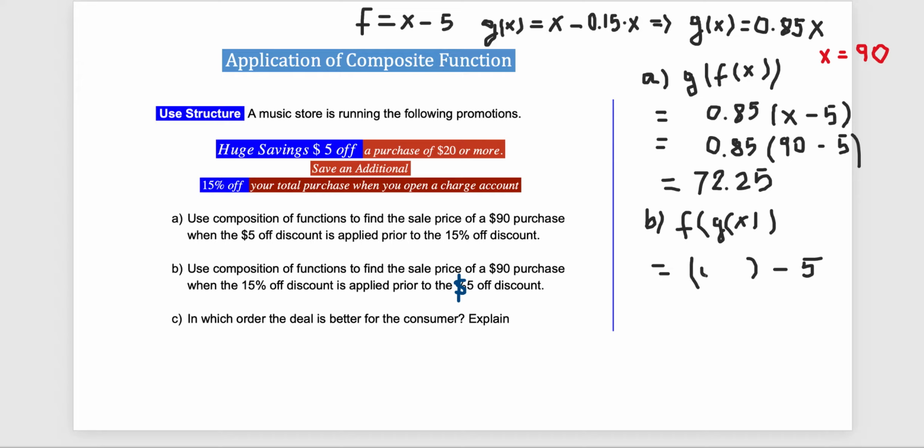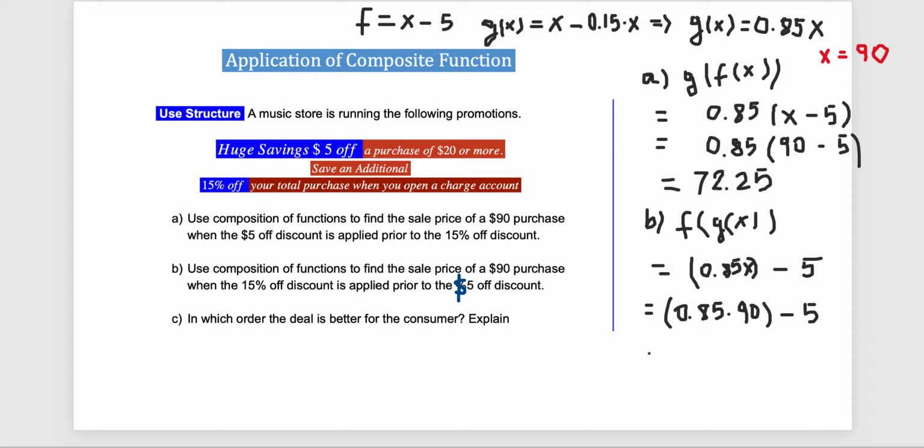So instead of x is 0.85x. Now we plug in the numerical values: the coefficient 0.85, then x is equal to 90, and minus 5.